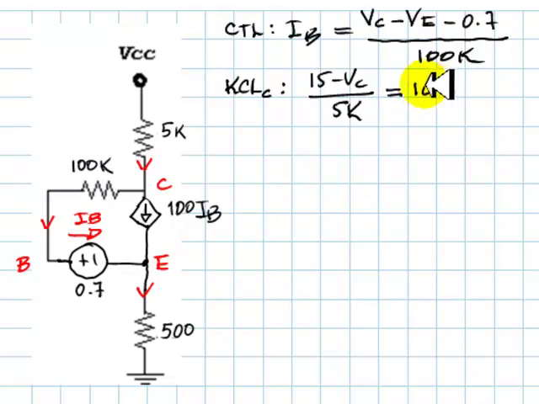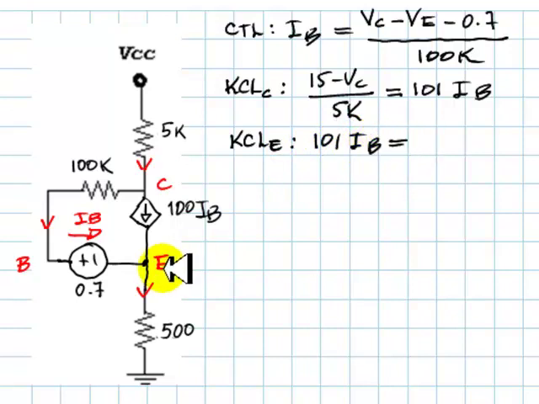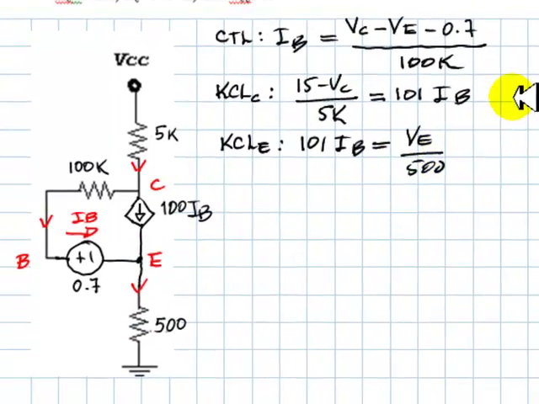That is 101 IB. Now one equation for node E, currents going in, IB and 100 IB, 101 IB, equals the current leaving the node, only one, VE divided by 500 ohms.